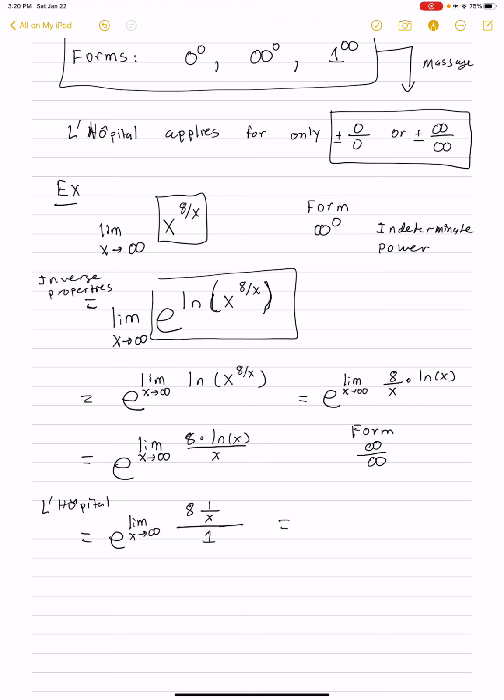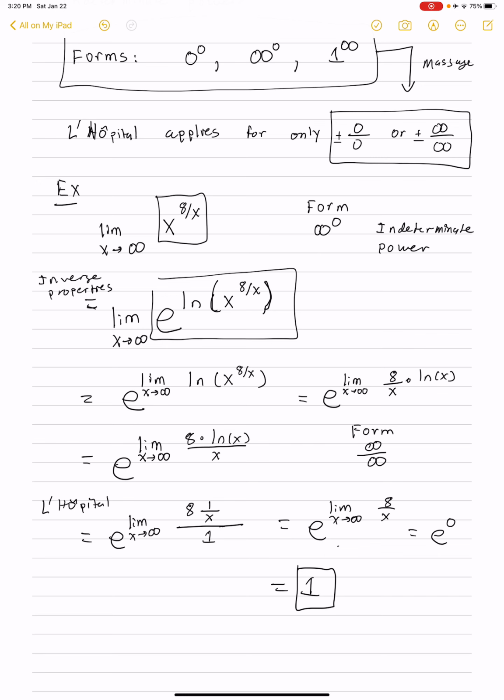Okay. So then I get, excuse me, let me write the exponential first. I'm going to get e to the limit as x goes to infinity of 8 over x. That limits to 0. e to the 0 is 1, so my final answer for this is 1.